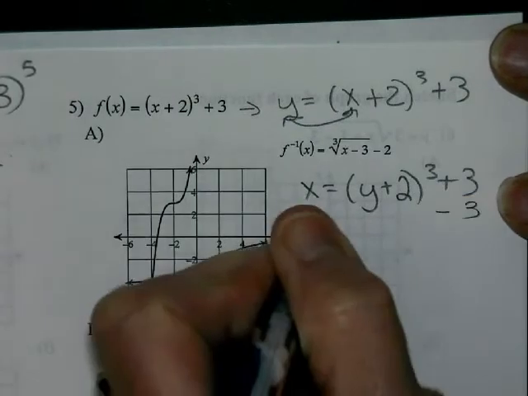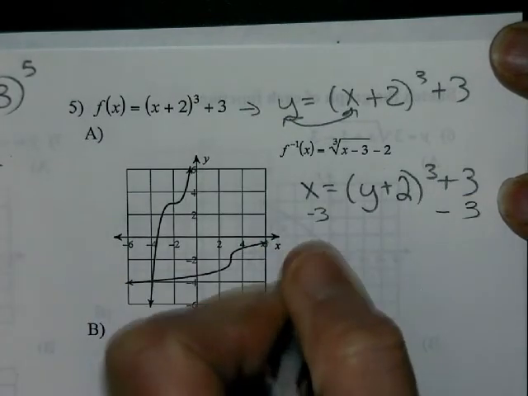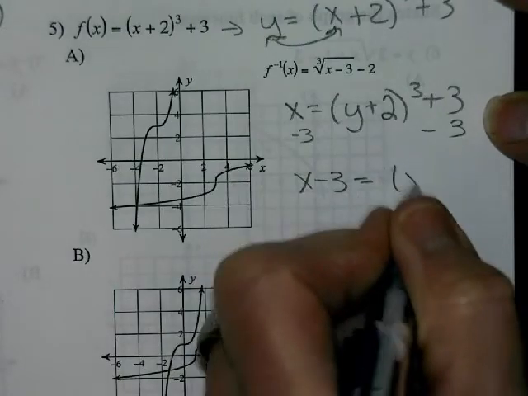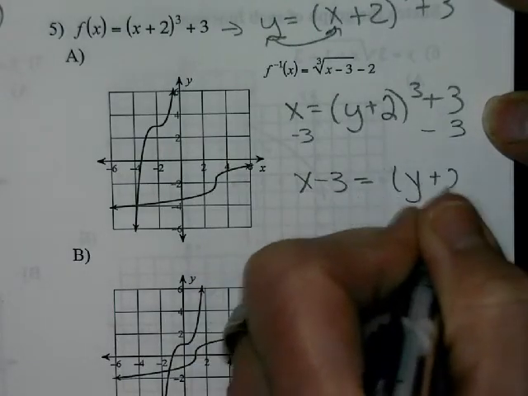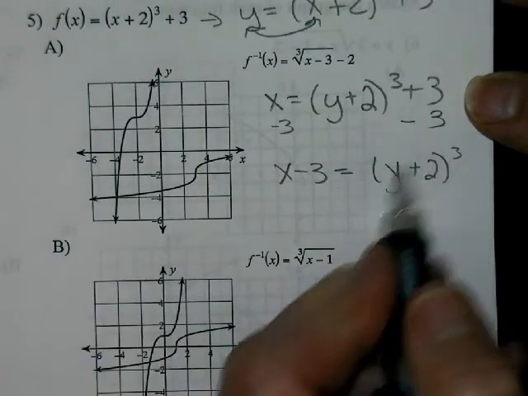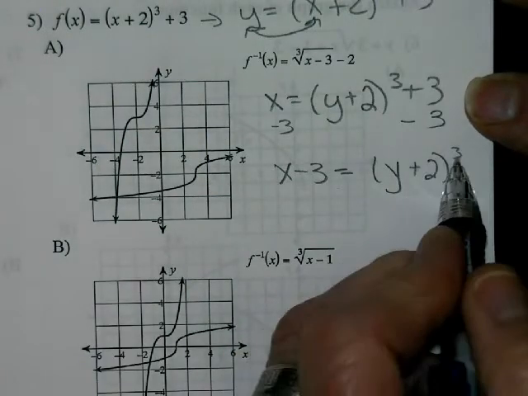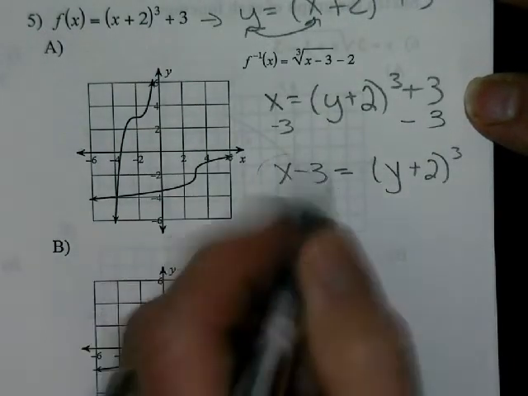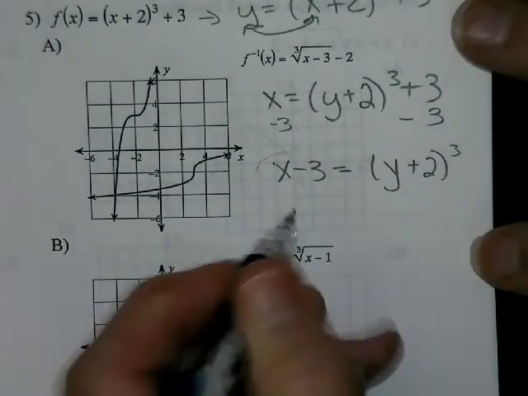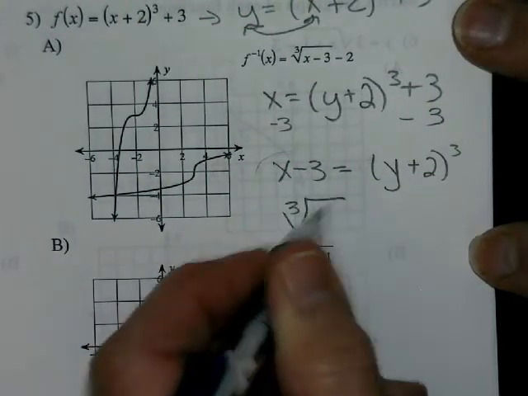It looks like the 3 gets moved first by subtraction. So it's x minus 3 equals my quantity cubed. The inverse of cube is root. So this guy is all under the cube root sign.